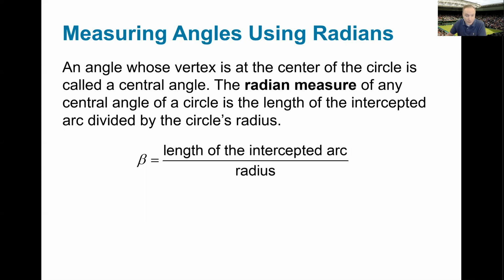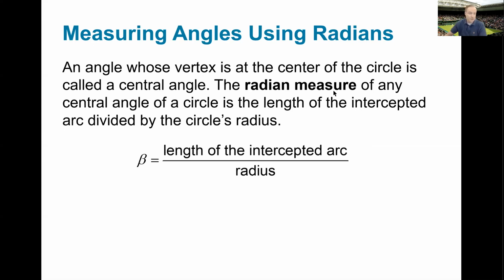Now, we know that the distance all the way around a circle is 2 pi radians. So that means that you could approximately put 6.28 radius lengths across that circle all the way around. Now, that leads us to our definition here. An angle whose vertex is at the center of the circle is called the central angle.